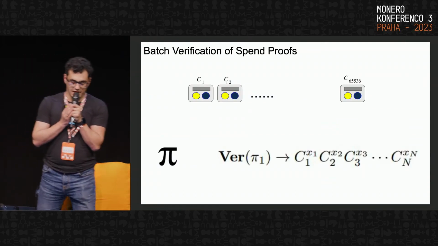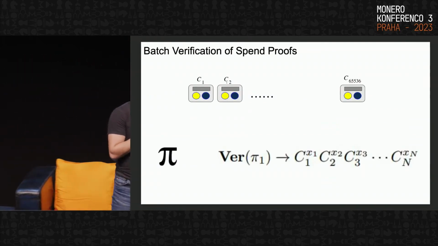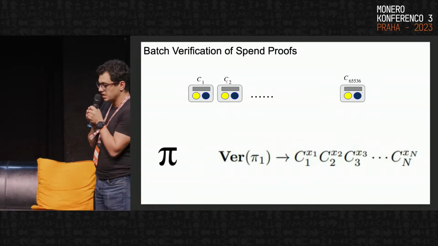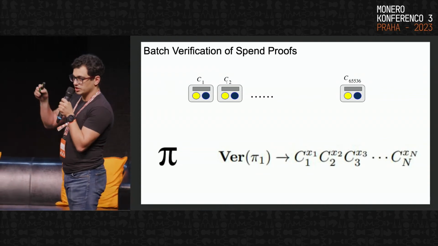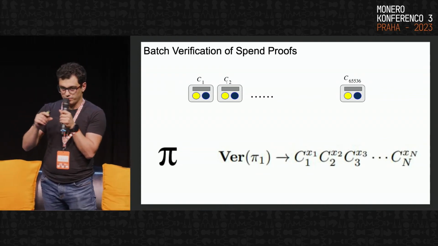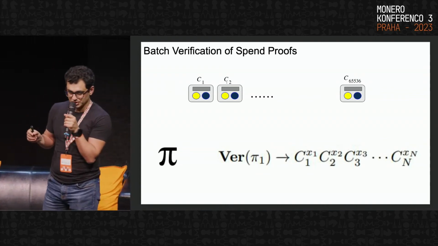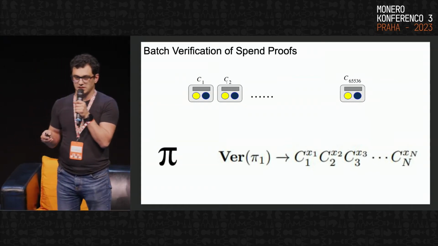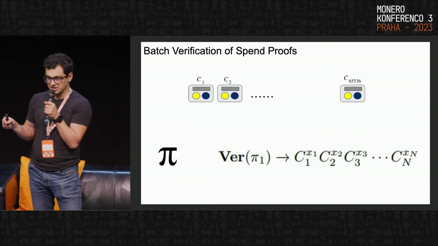The heaviest part of verifying a Spark transaction is the verification of this one-out-of-many proof, which in turn boils down to checking large multi-exponentiation operations. And in this multi-exponentiation, the generator points are basically the commitments in the anonymity set.